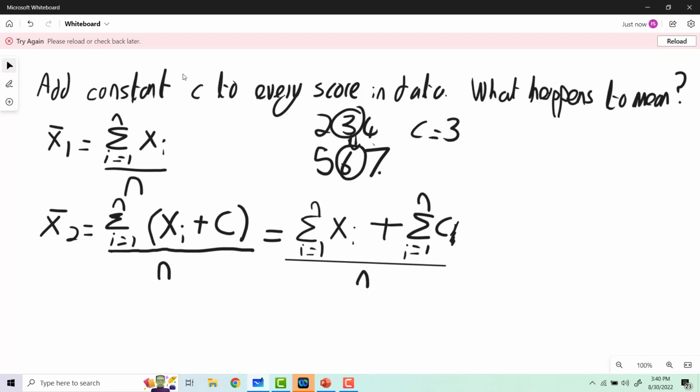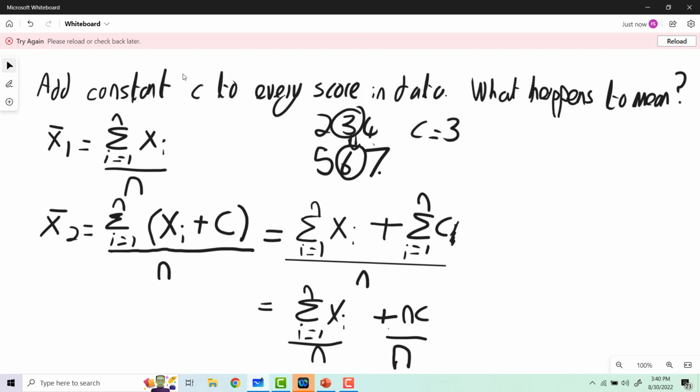And then this first bit is just sigma i equals 1 to n, xi all over n. And then the second is just, well, we're adding c. It's the same number each time, n times. So it's n times c, and this is just, again, all over n.